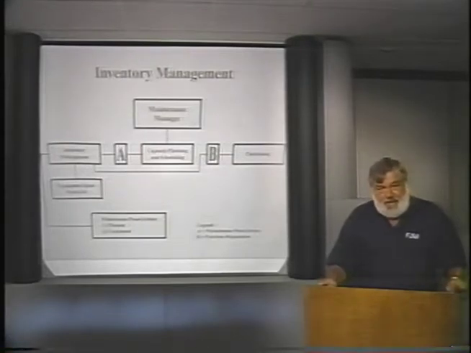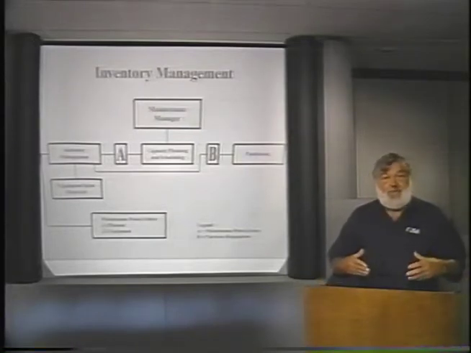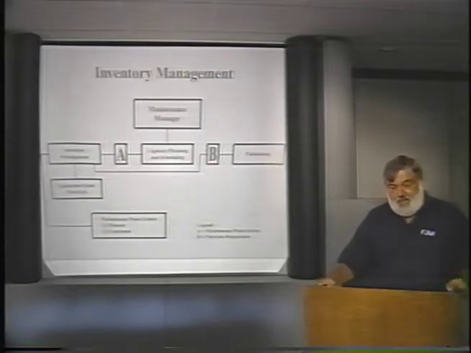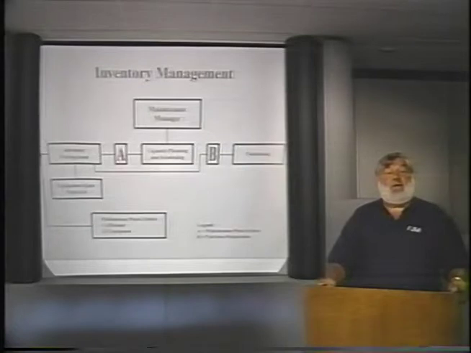If I am in a computerized system, I'm not dealing with inventory pages, I'm dealing with inventory records. The same basic computation occurs. Then we look at the data elements in that inventory management function, like what's on hand, what's on order. Are we sufficiently covering both the planned and unplanned requirements?